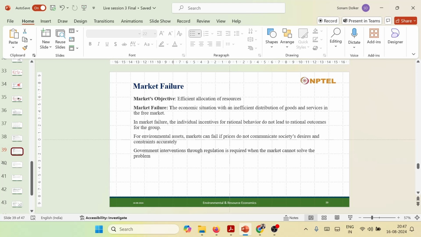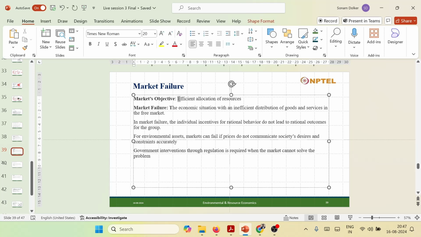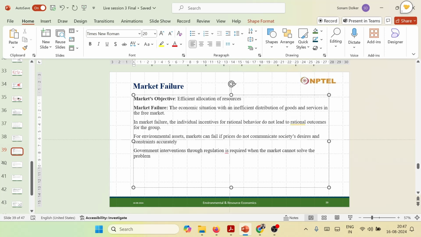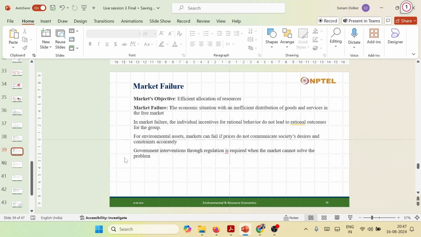The role of the market is to efficiently allocate resources, right? However, market failure happens when there is inefficient distribution of goods and services in the free market.